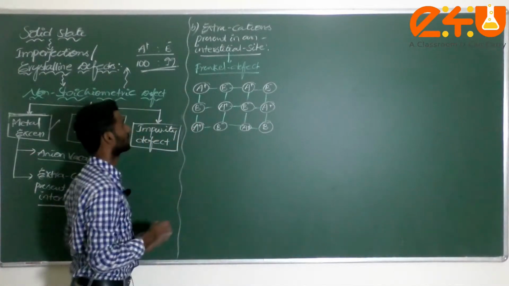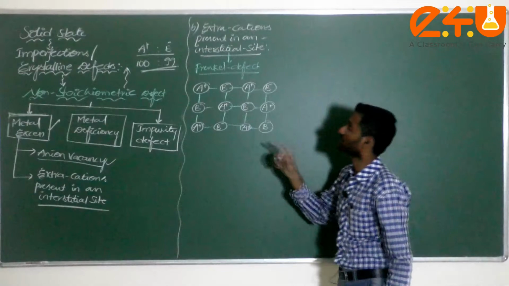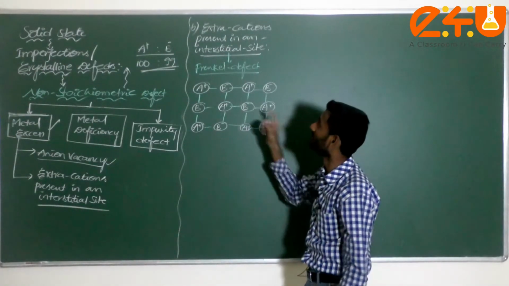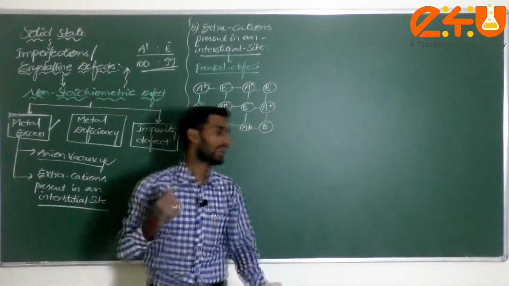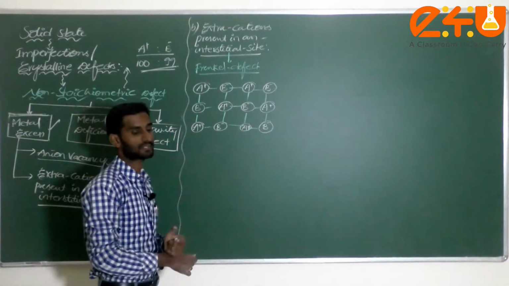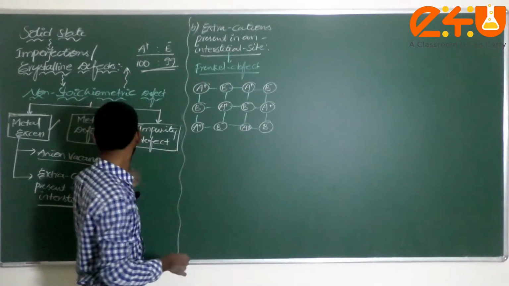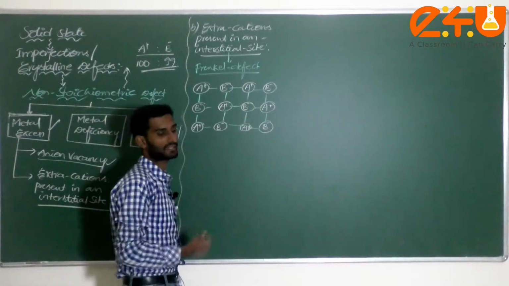This defect arises when some extra cations are present in an interstitial site, and it maintains the electrical neutrality of the crystalline substance. Generally this is a non-stoichiometric defect, due to extra cations being present.